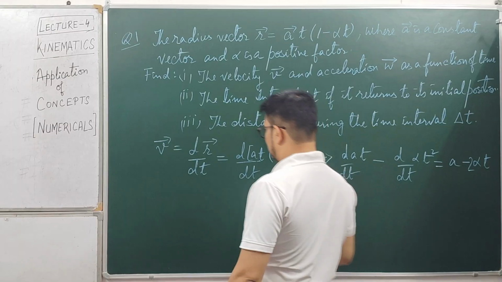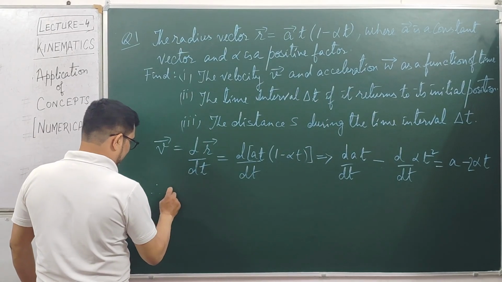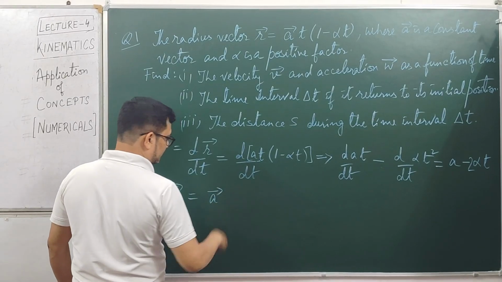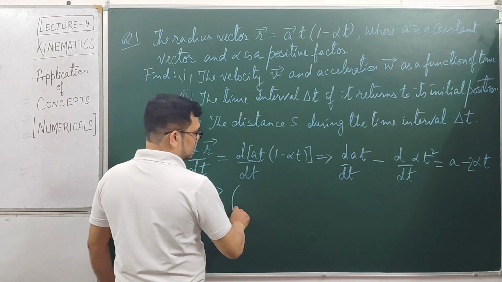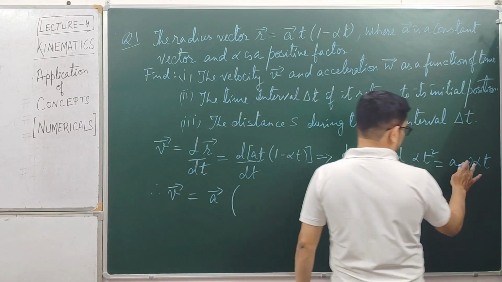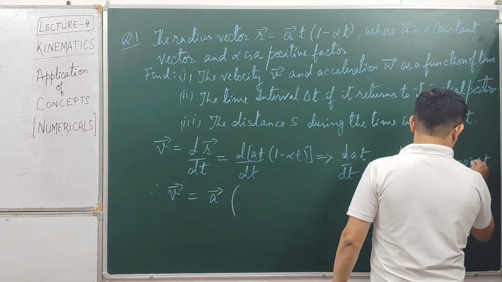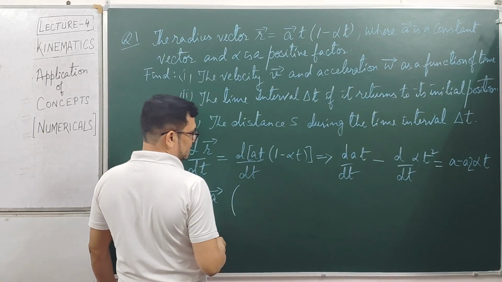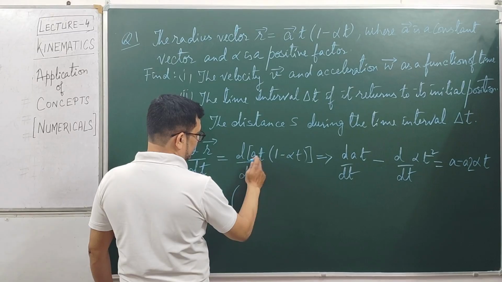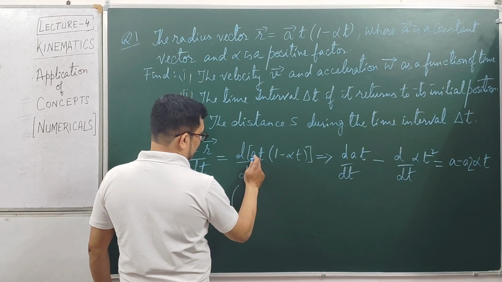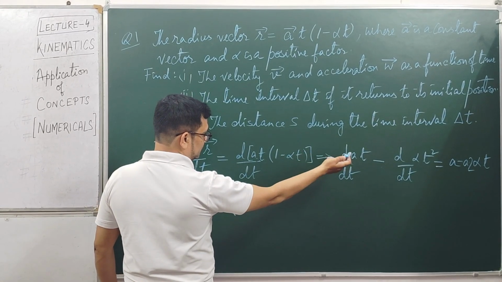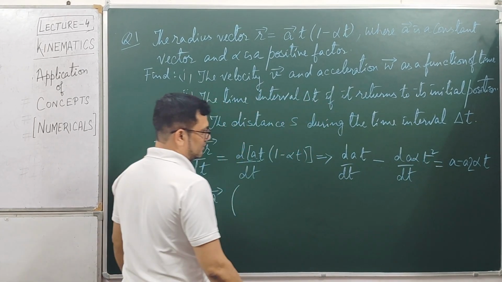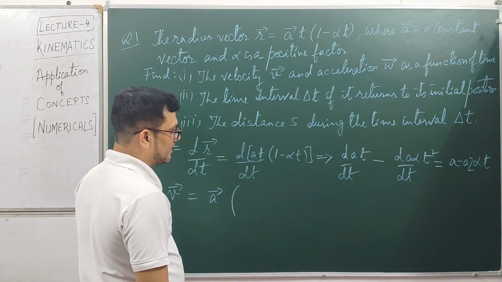Which comes out to be v equals a, if you take it common in vector notation. When we open the bracket, a t minus a alpha t squared, and if you differentiate, it comes out to be minus 2a alpha t.